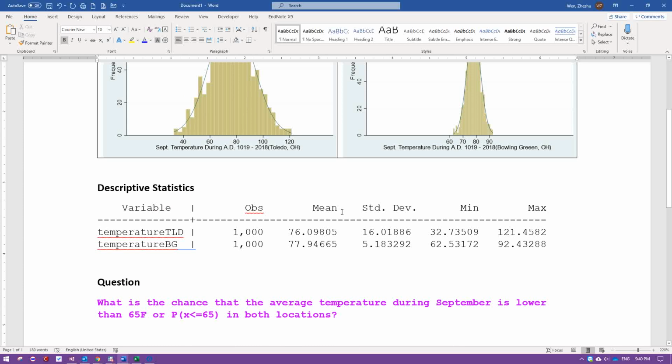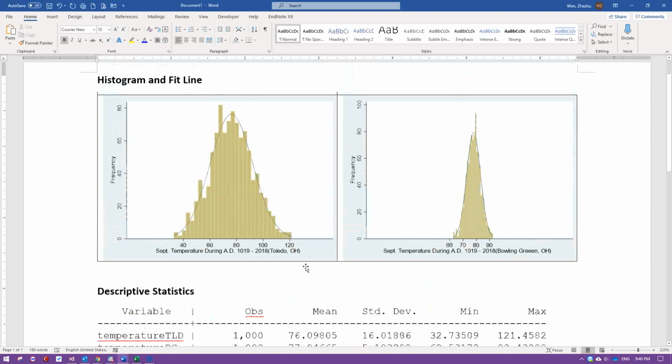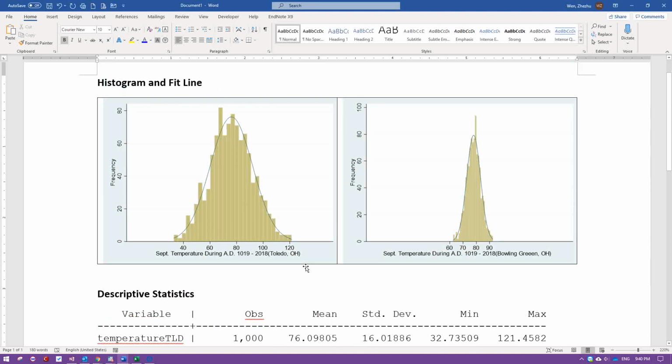Any clue how you can answer this question? If you want to try something, you can pause and try it yourself. But if you have no clue, I can offer some explanation here. The good thing about converting numbers into a shape is that we can actually use some knowledge of geometry and calculus and use those to calculate the probability.